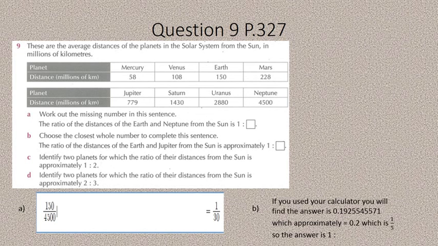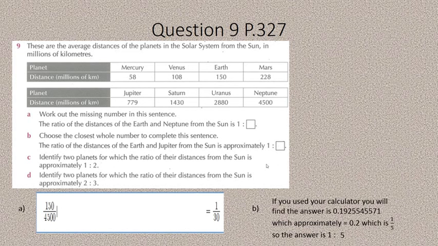And if you write 0.2 in the calculator, you will find it's 1 over 5. So the answer here in the empty box is 5. You have to write it down here, 5. This is question number B.